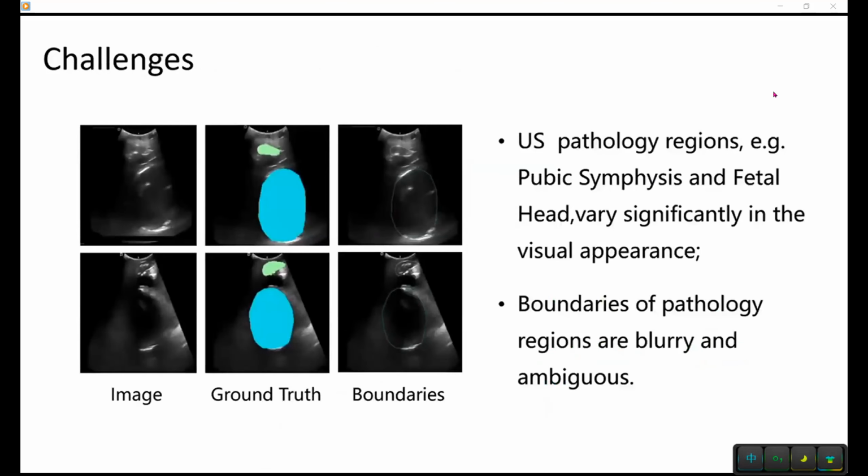However, accurately segmenting the target regions requires consideration of both the internal image information and capturing fine-grained features at the region edges. This poses a significant challenge for this segmentation task.